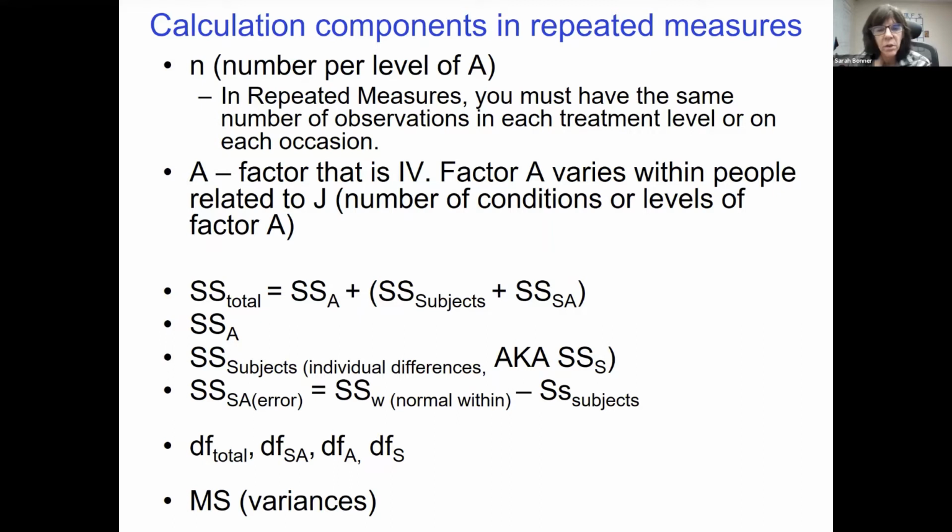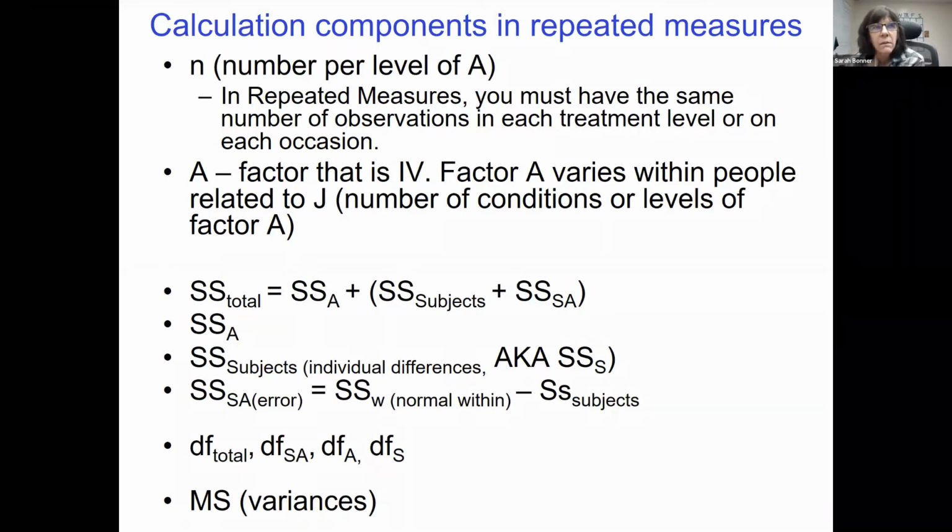That's J. Okay, so factor A is one thing at level J. It's very useful, I think, to give examples here. So let's say that your factor is dosage and you have 3 levels.